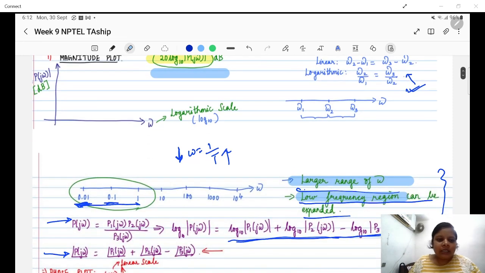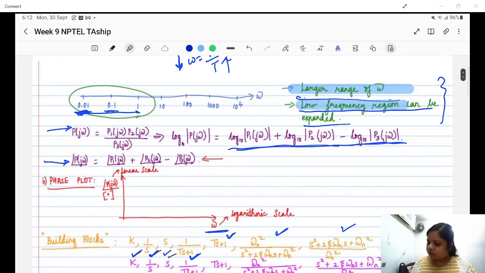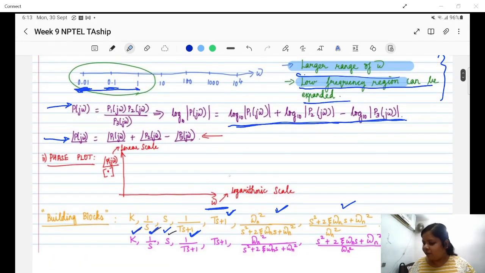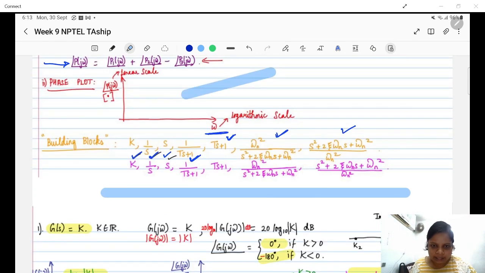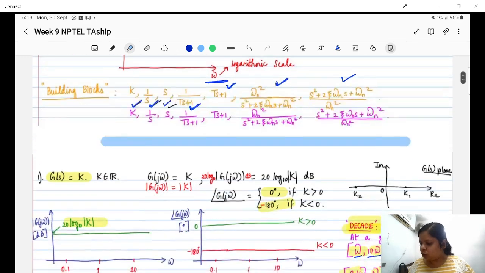So both of these things are essential when you want to find out some performance parameters, either in frequency domain or in time domain. All right. Then we saw that we will also have phase plots. Then these building blocks were the most essential things. So having the plots for all of them was really what we saw.